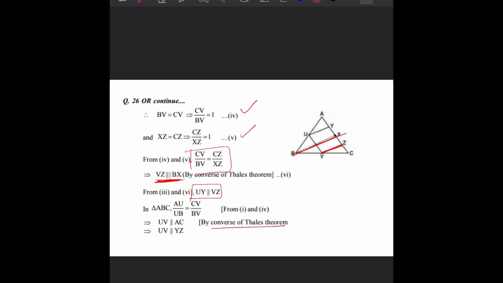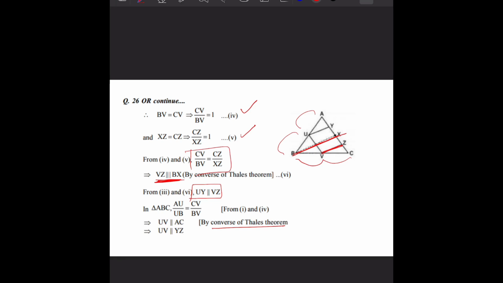In triangle ABC, AU upon UB is equal to CV upon BV.